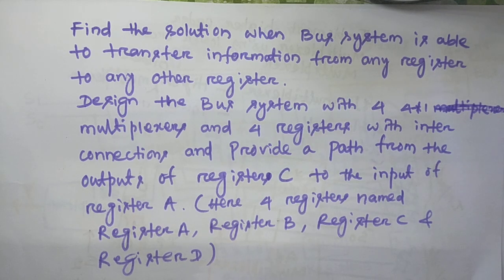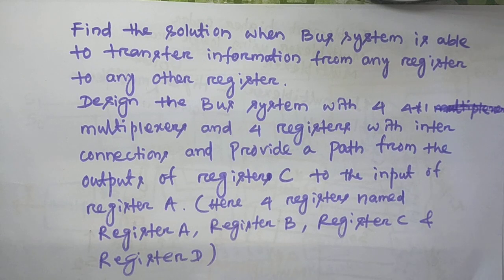Just see that whenever the output comes out from register C, how it connects as an input to register A. Then what other components are required to connect, that we have to discuss today. Then we can find the solution or design of a bus system as per this particular question.